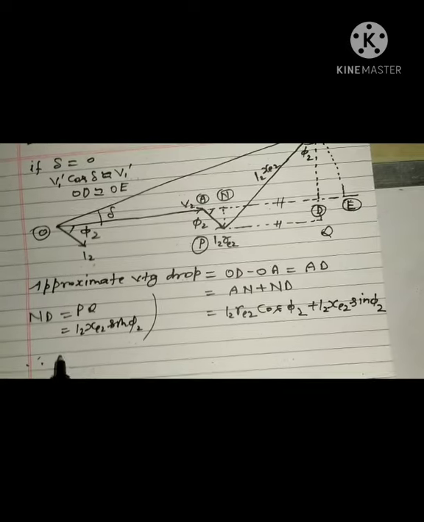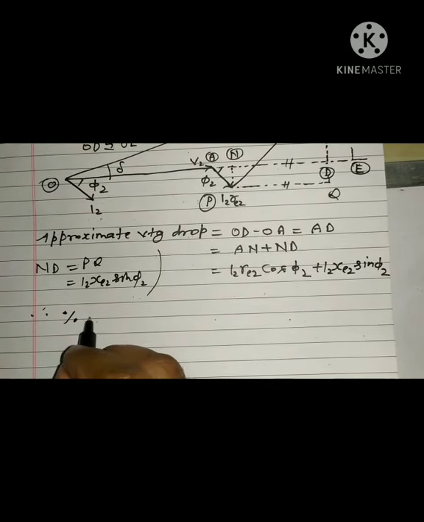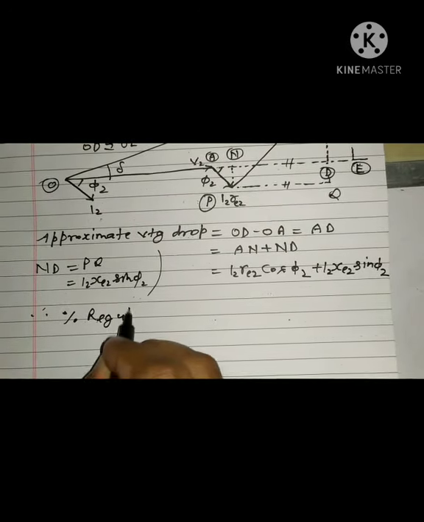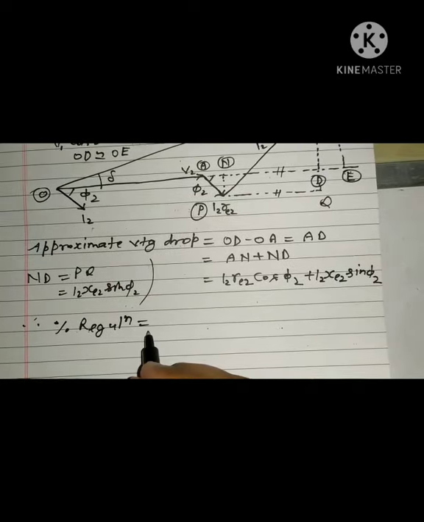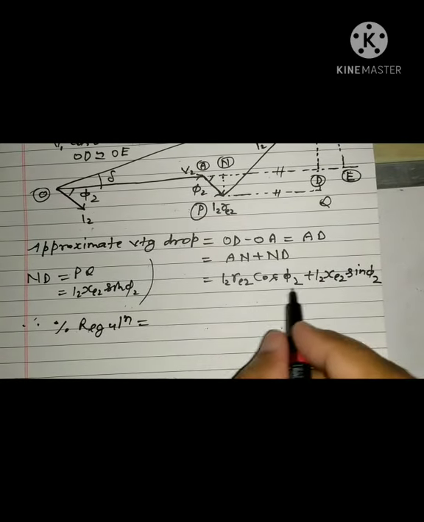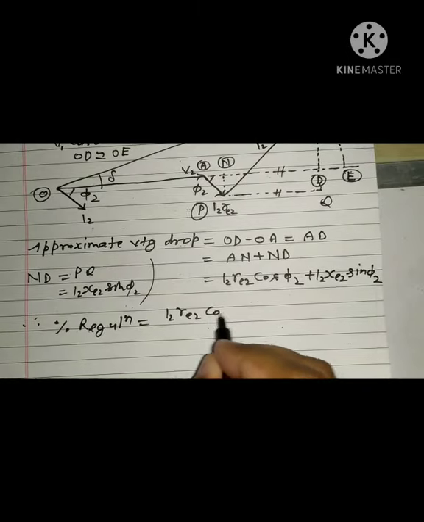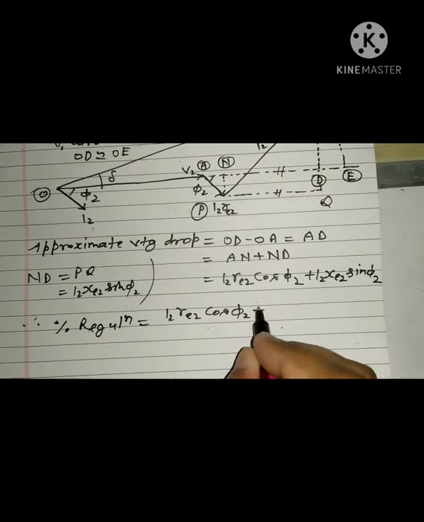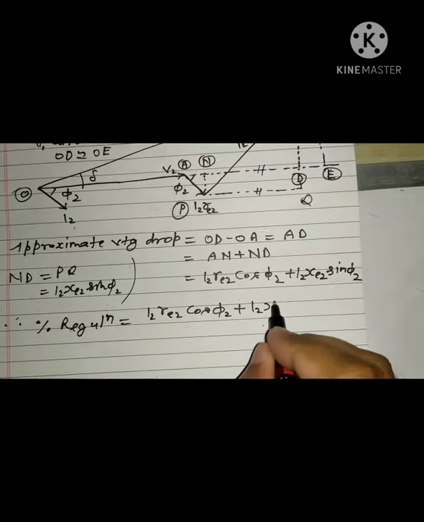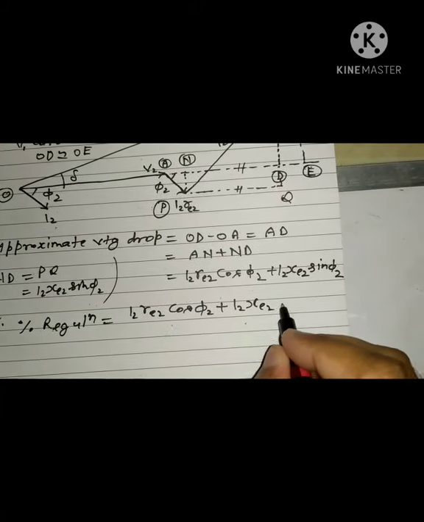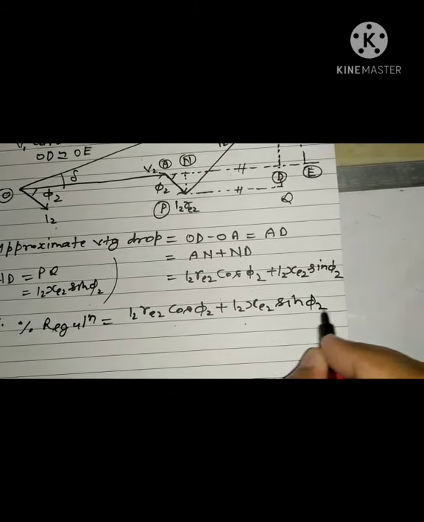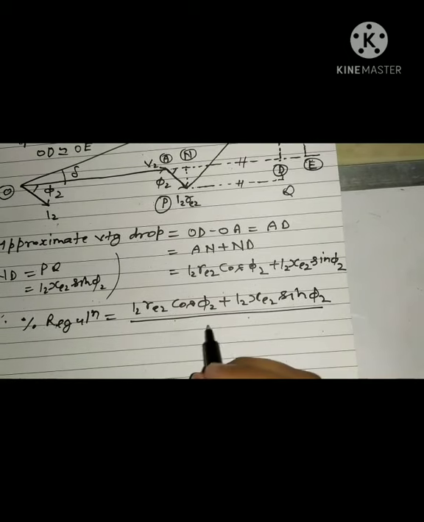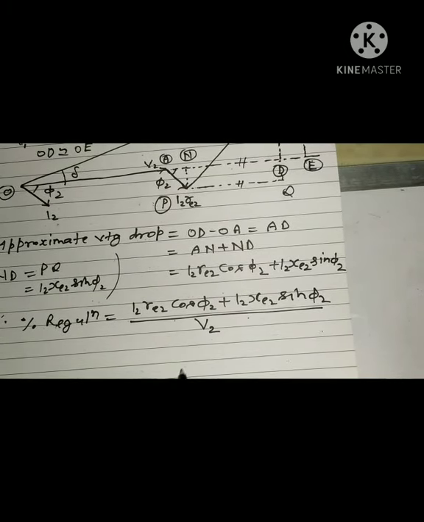Therefore percentage regulation will be the drop divided by rated voltage. So it will be I2 RE2 cos phi 2 plus I2 XE2 sin phi 2 divided by rated voltage V2.